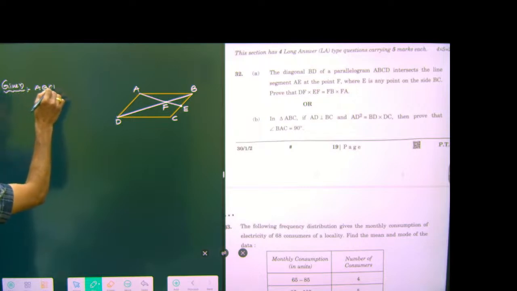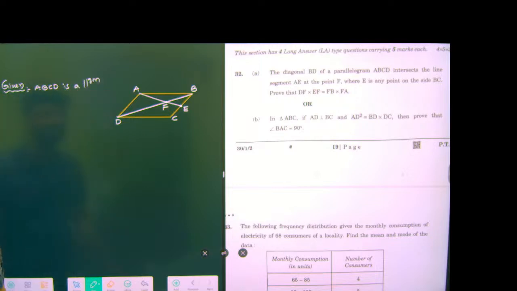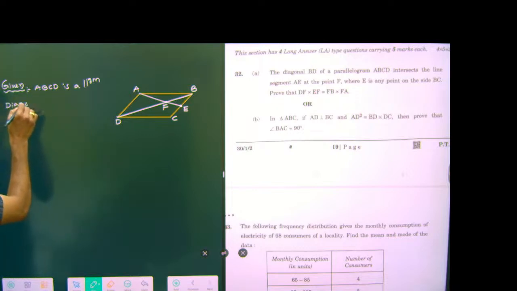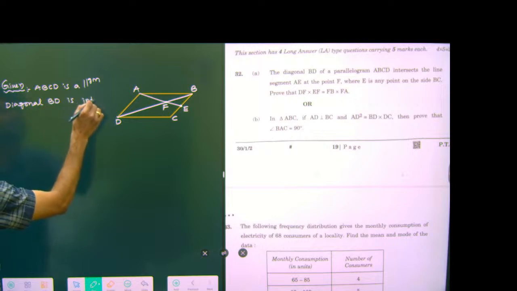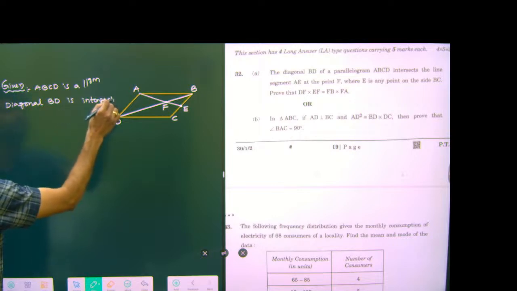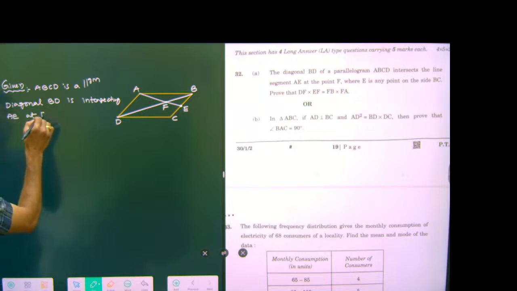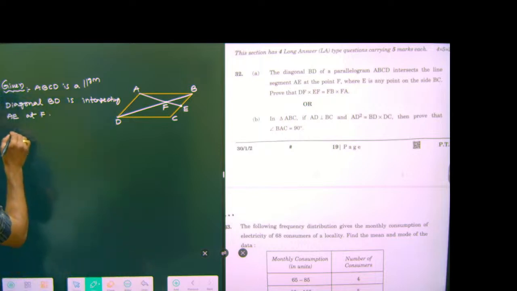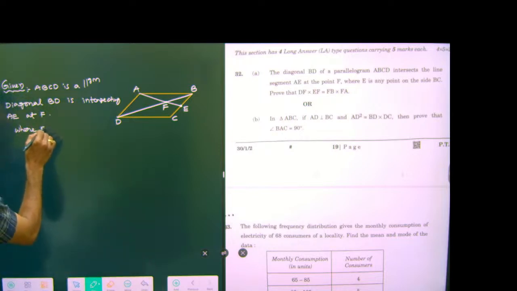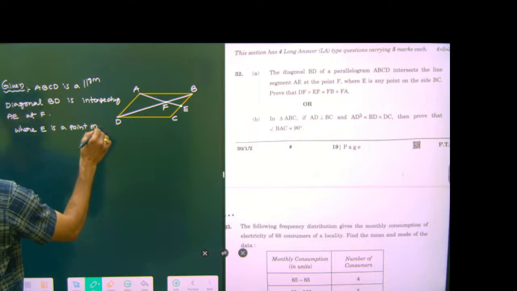ABCD is a parallelogram, and one more piece of information, diagonal BD is intersecting AE at F, where E is a point on BC.